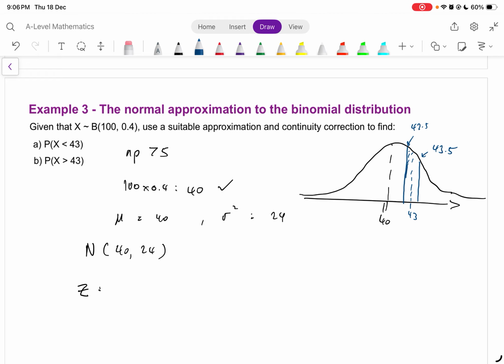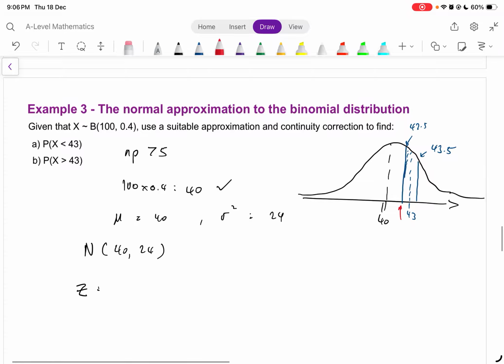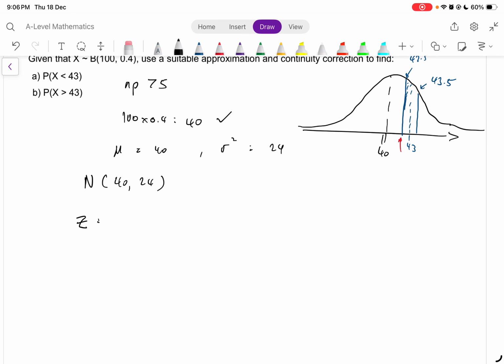Since they are asking for lower than 43, we will take the lower one. So that means 42.5 minus 40 over the square root of 24, which is equal to 0.51. So that means phi of 0.51, which is equal to 0.695.